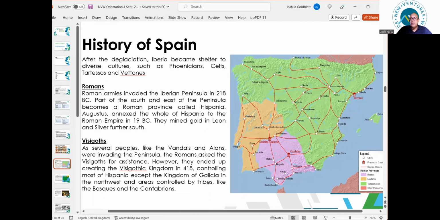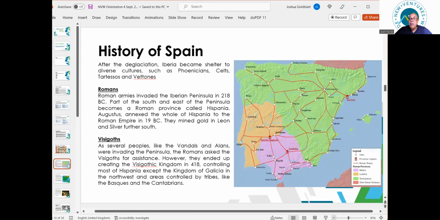Then the Romans invaded, the Romans came to Spain, and Spain was called then Hispania, which was a province of the Roman Empire. And they found gold and they found silver. And so they built roads and they founded places.